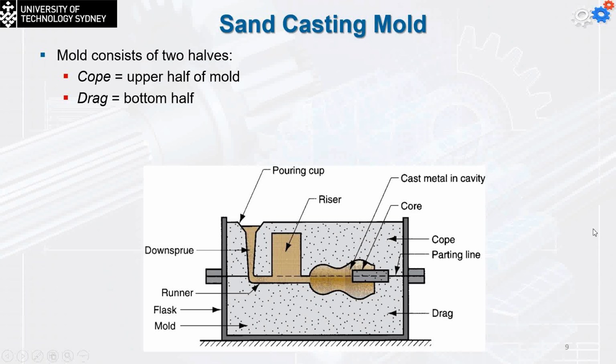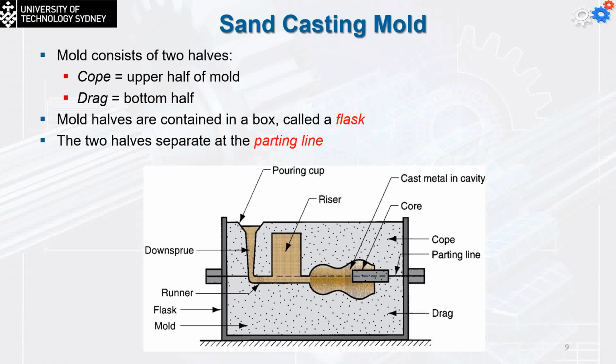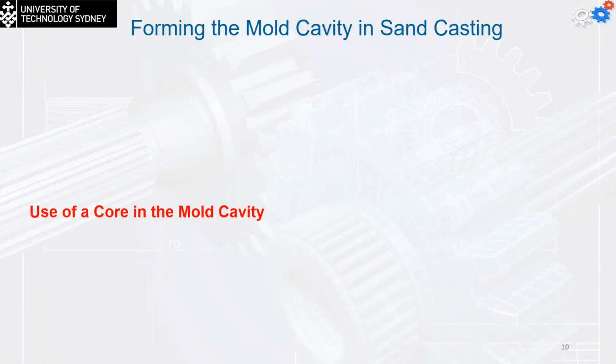The drag is the bottom half of the mold. In between them, we are going to have the parting line. The mold halves are also contained in a box, and this box is called the flask. The two halves are separated within the parting line.